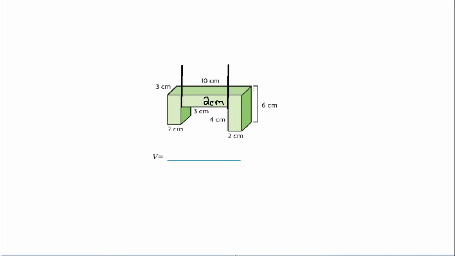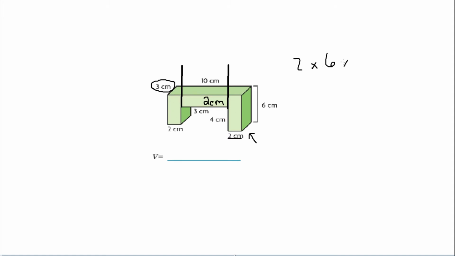So we'll start with this box right here. So we have the height, okay, because we cut the box, the height applies to all pieces. Okay, so there's a 6. Now the length here is 2. Now, as I said before, the width is this right here, and it applies to the whole figure.